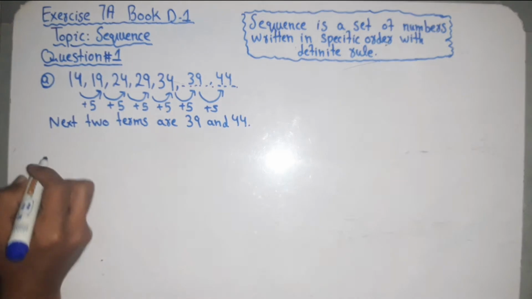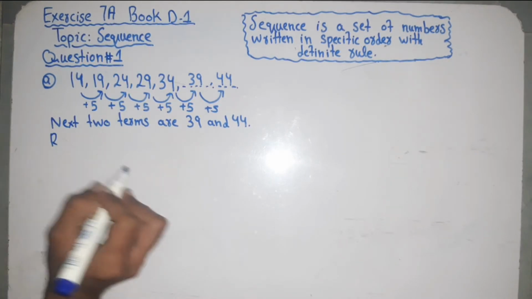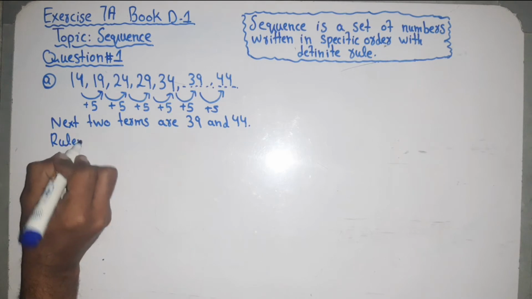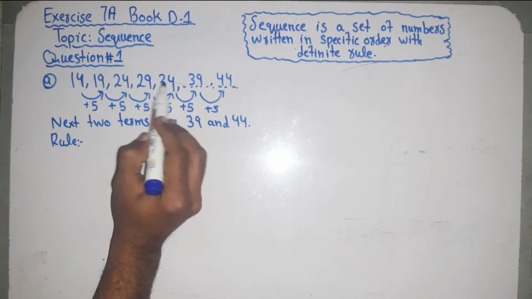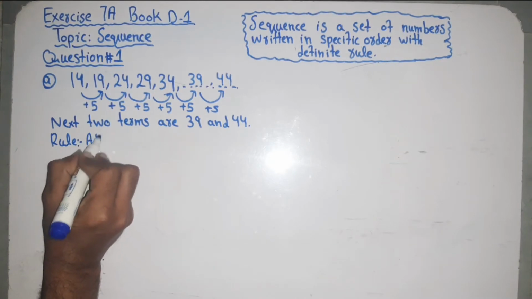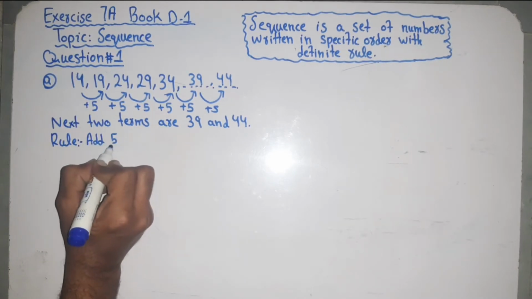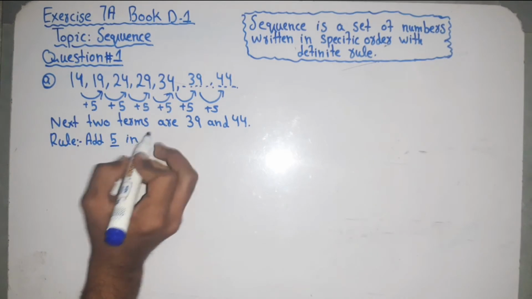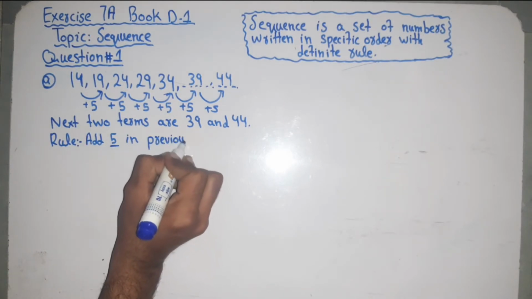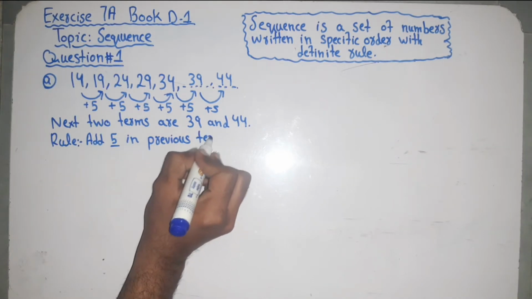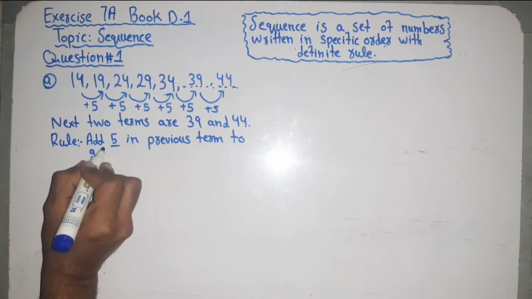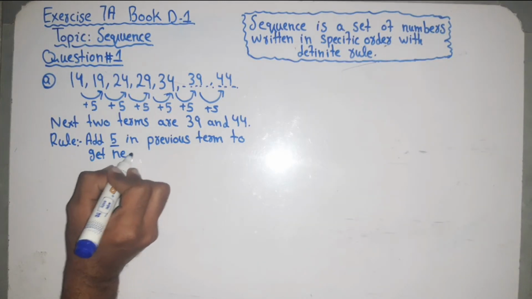And we have to write the rule also. So the rule is how we get each term from the previous one. We have to add 5 to the previous term to get the next term. So this is the rule of this sequence.